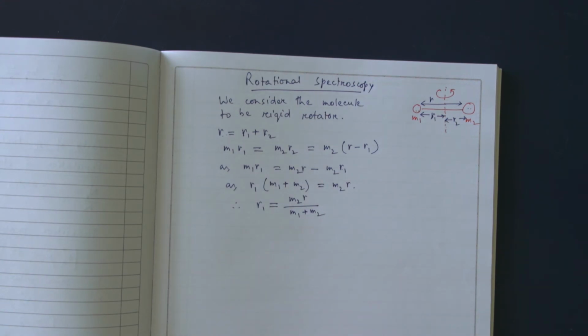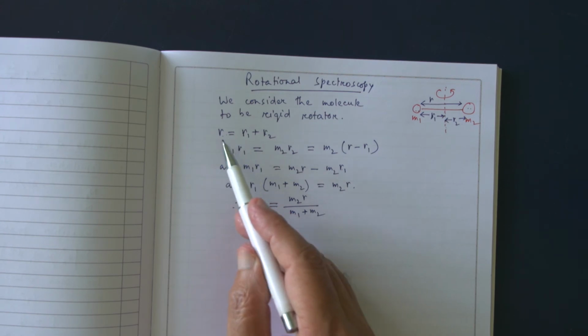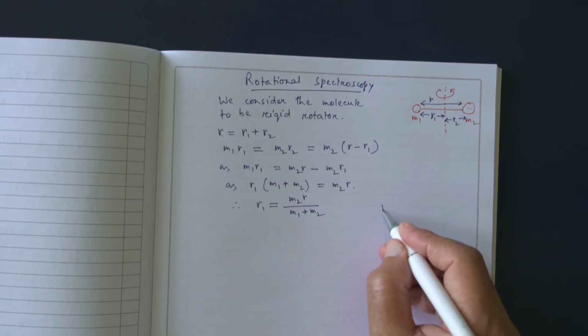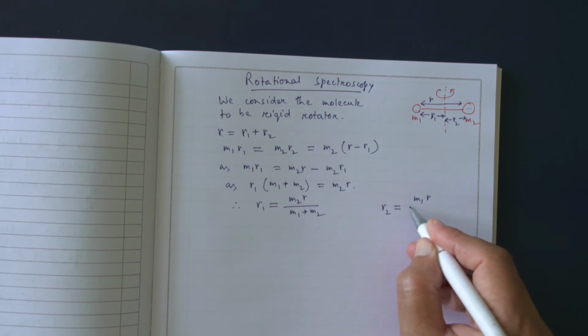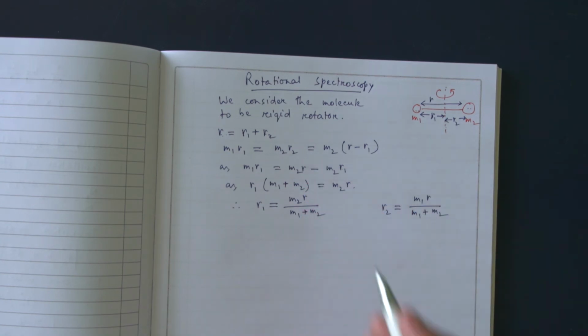Similarly, you can replace R1 by R minus R2 and you will get R2 equal to M1 R by M1 plus M2. Simple.